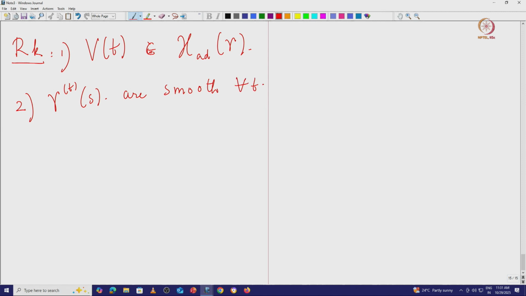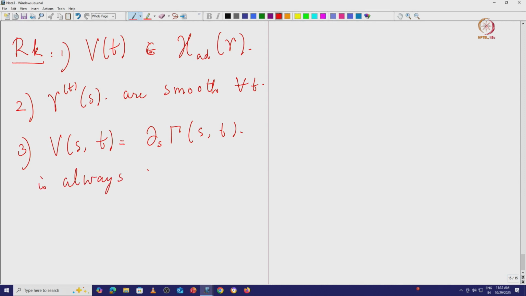Even at the problem points t equals ak, if you think about what our definition for capital gamma is, these transverse curves are always going to be smooth. And hence if you look at V of s comma t as del s, the velocity vectors of the transverse curves, this is then always going to be continuous. And hence this gives you an example of an admissible vector field along capital gamma.